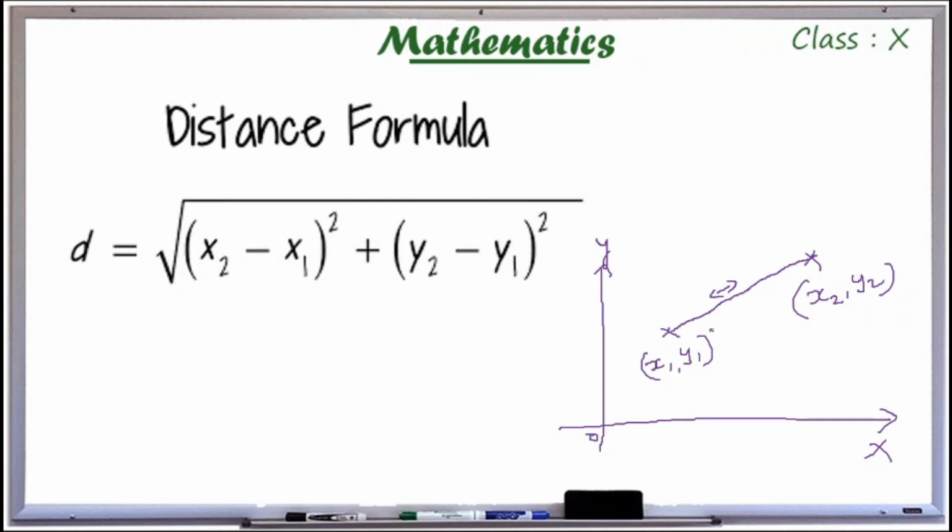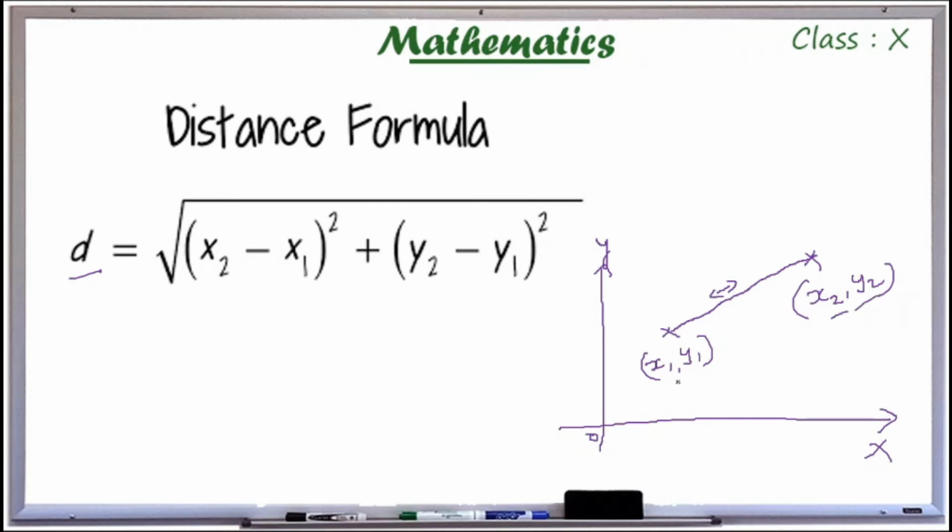In order to find the distance between these 2 points, I can use this formula. Distance d is equal to root of (x2 minus x1) whole square plus (y2 minus y1) whole square.